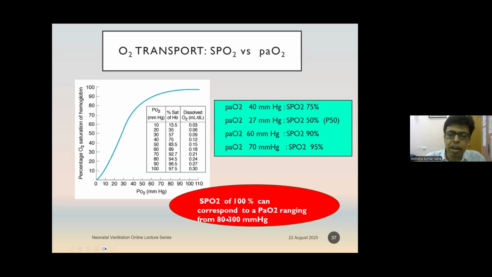It can happen in hyperoxia also. So dangerous hyperoxia can be coexistent. So it is always essential to have a partial pressure of oxygen estimation even if we know the saturation by a non-invasive method.